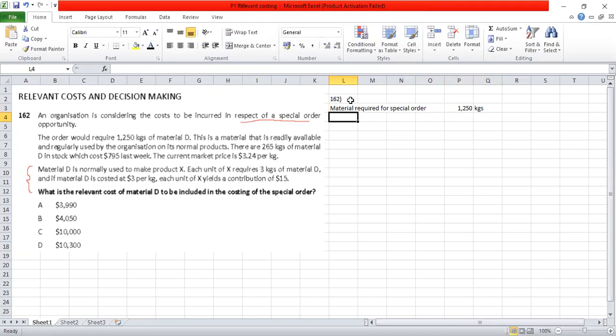So the price of the past is not relevant. The current market price is relevant because at that cost they have to purchase the material. So current market price, 3.24.